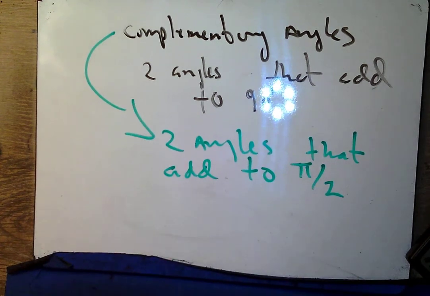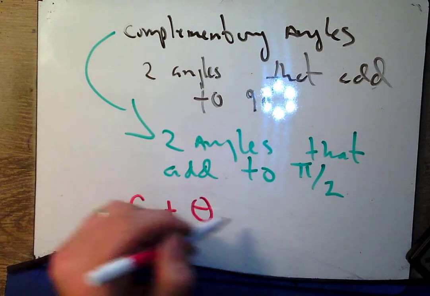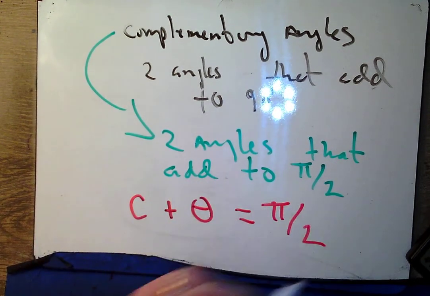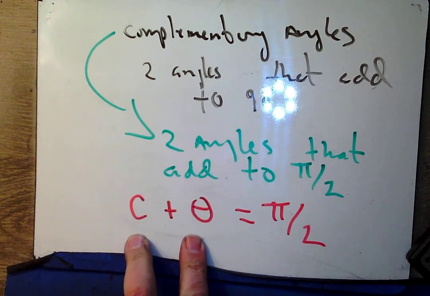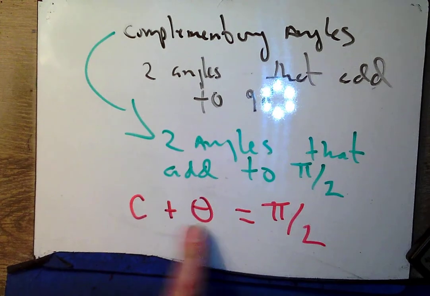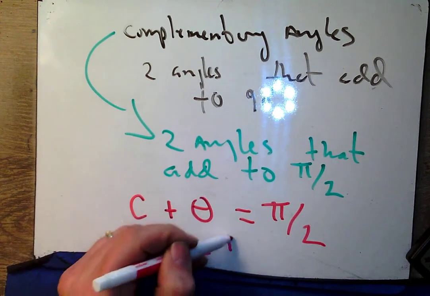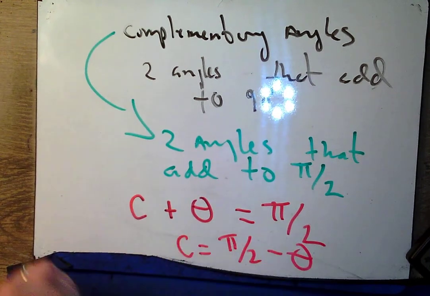And so I might actually want a formula. Complement plus theta equals pi over 2. 2 angles that add up to be pi over 2. This is the angle I was given. This is the complement I'm looking for. And so my complement is going to be pi over 2 minus theta.